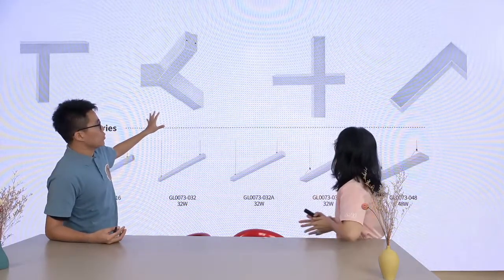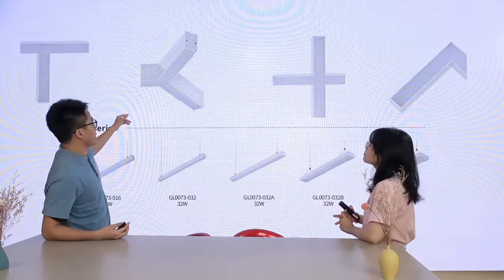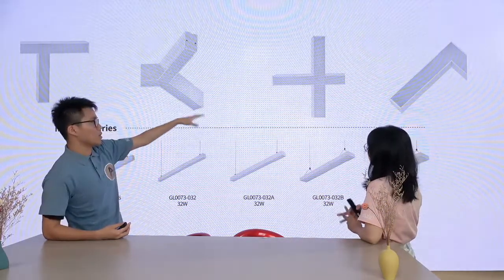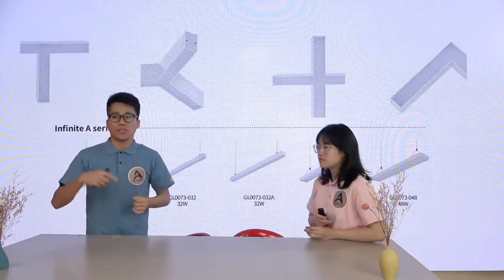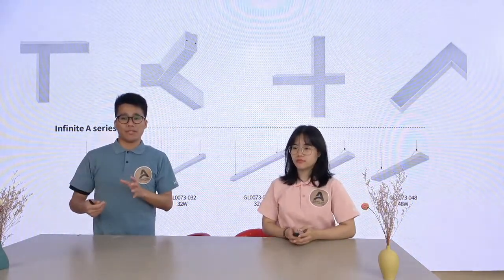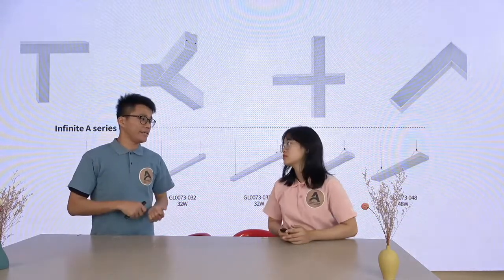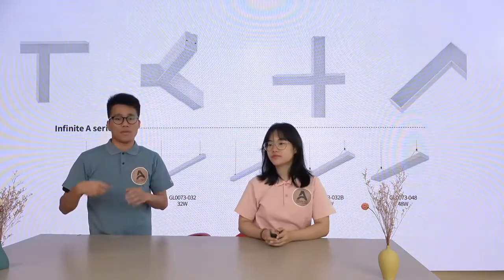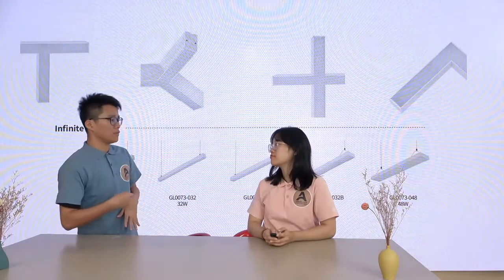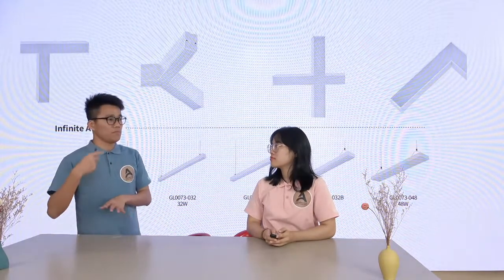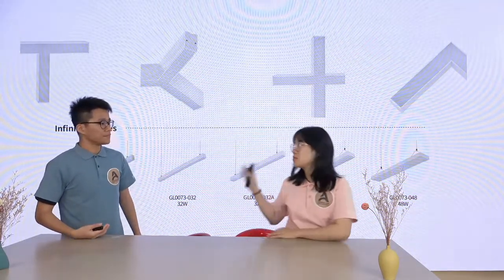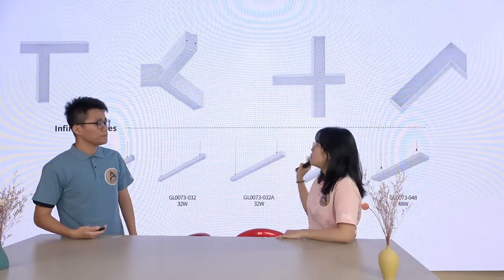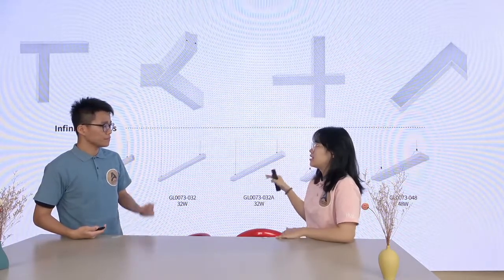We have a T shape, a Y shape, and a cross shape connector to make sure it can create different designs. This is another selling point for the client, and also very good news for the designer. Actually, this selling point is the one I like most in this product.